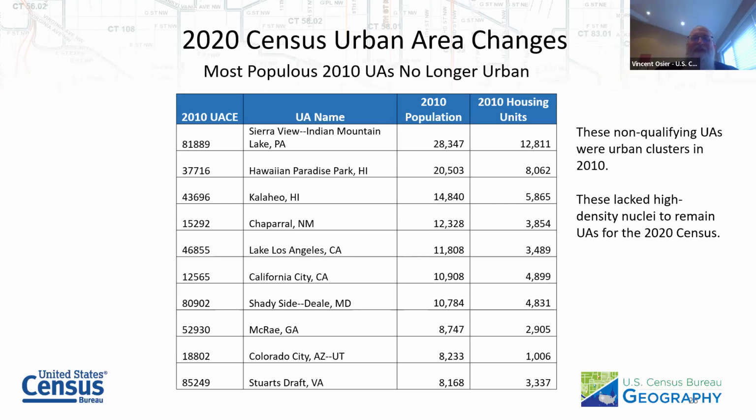And these were the ones that we found that never had a core, and so were eliminated in the 2020 delineation. I don't think any of these are things this community will hear from, but just to be aware of it. So let me jump to the last slide.